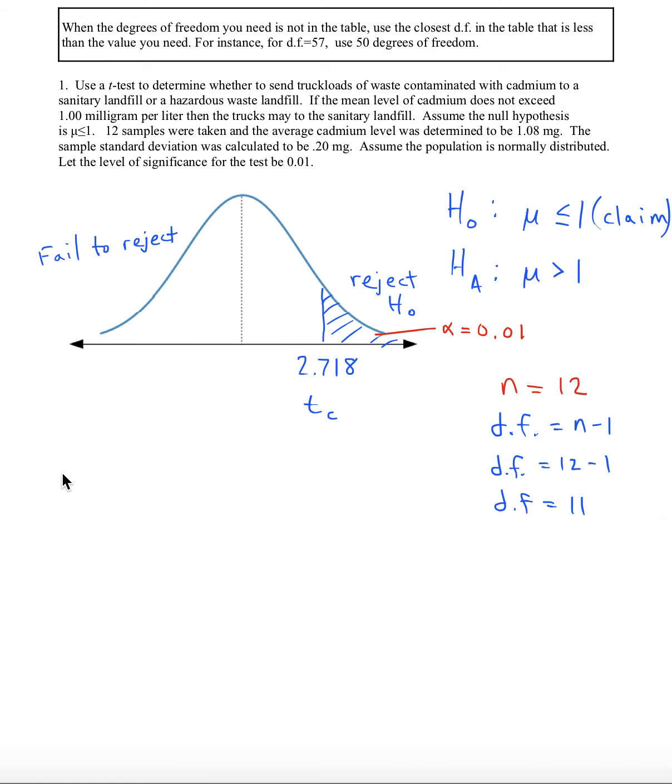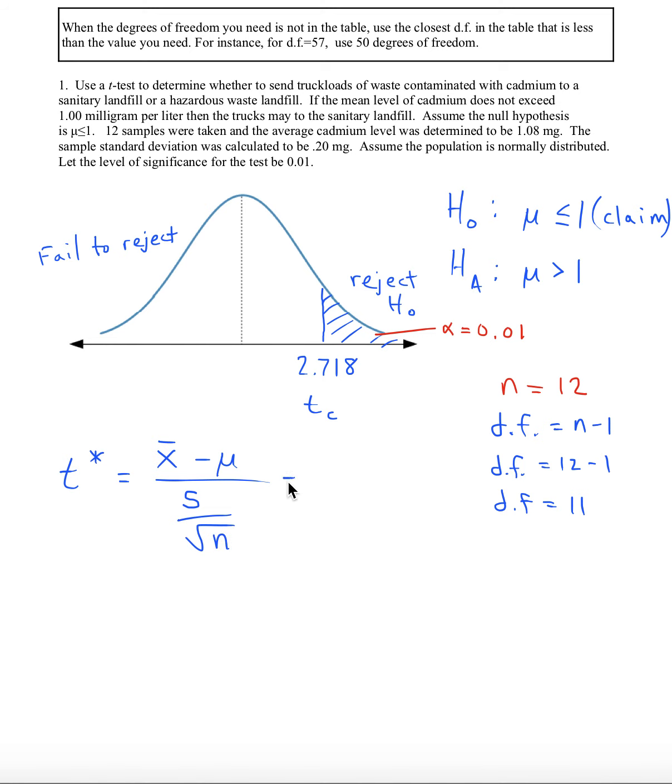Next, we'll try to find what is called t star, the standardized test statistic. For this type of test, the formula is very similar to the other problems. We'll do x bar minus mu, but instead of the population standard deviation, we'll use the sample standard deviation because that's all we know, and then divide by the square root of n.